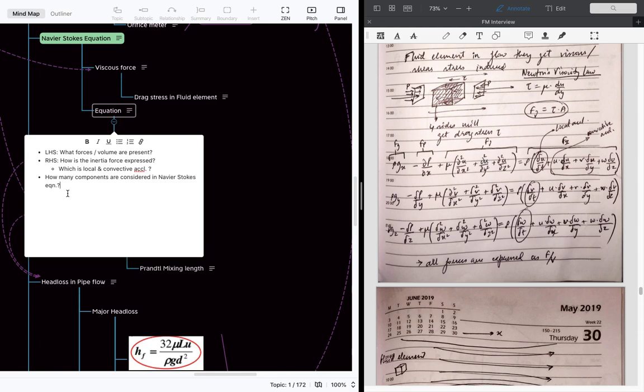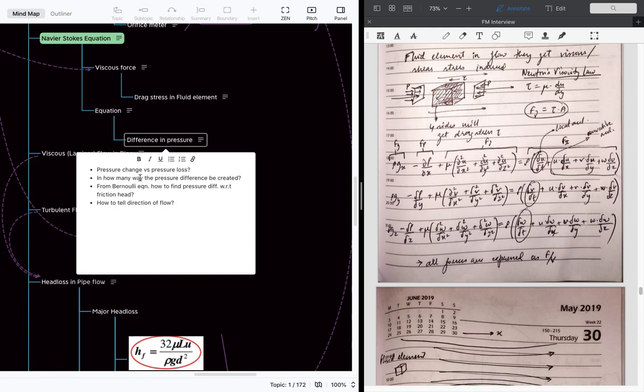And RHS, how is the inertia force expressed? It is the local and convective acceleration. So inertia force is expressed as mass times this expression, and here is the local and here is the convective section. How many components are considered in the Navier Stokes equation? Three components: x, y, z.